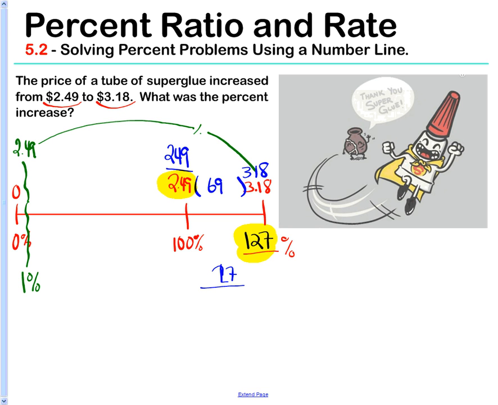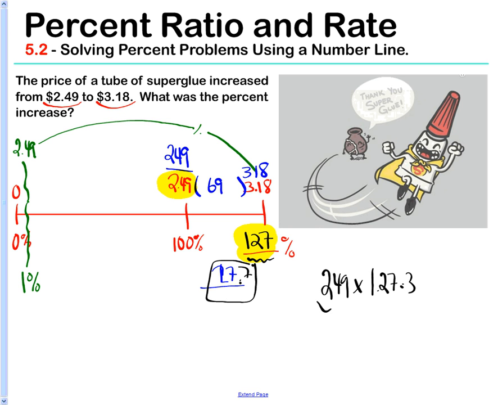So I go over here and do 249 pennies times the decimal version of 127%, which is 1.27, and I should get a number that is very, very close to 318. 249 times 1.27 equals 316.23.